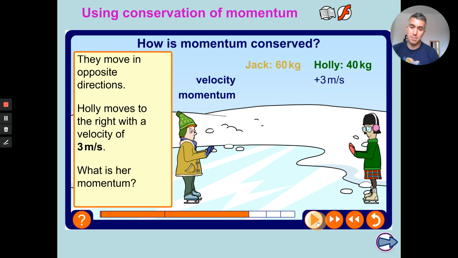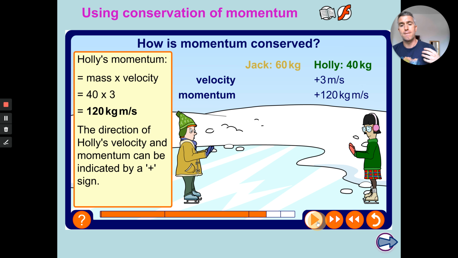Holly's momentum is the product of her mass times her velocity. So that gives us 120 kilogram meters per second. Jack's momentum has to be exactly the opposite of that, because they had 0 before, they must have 0 afterwards. So we know his mass is 60.